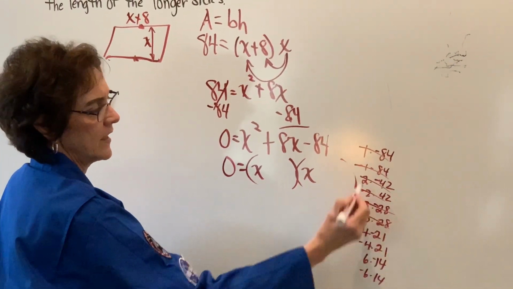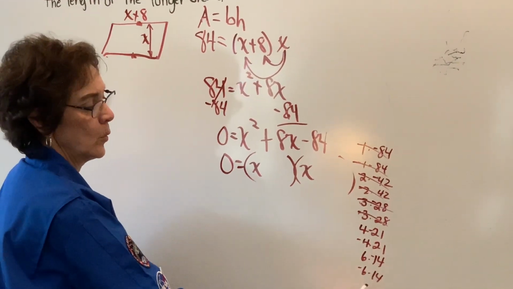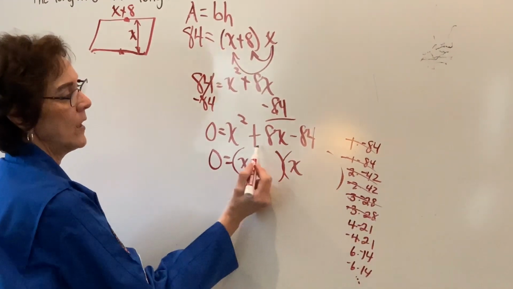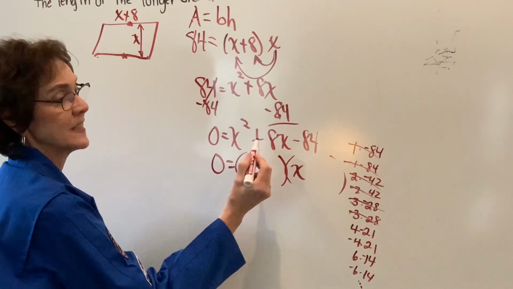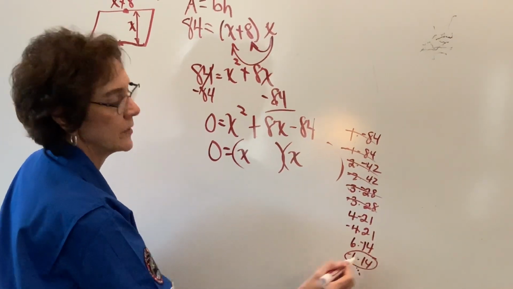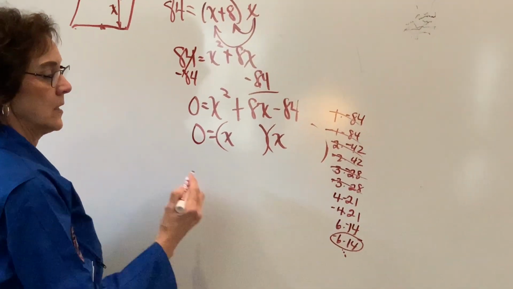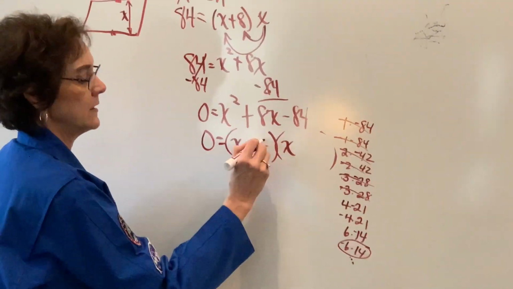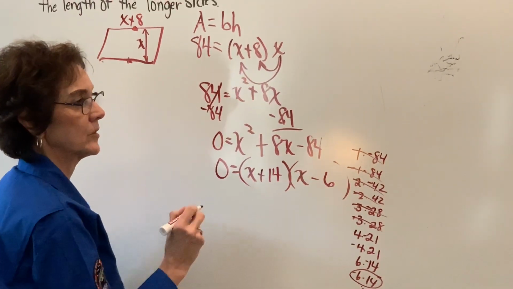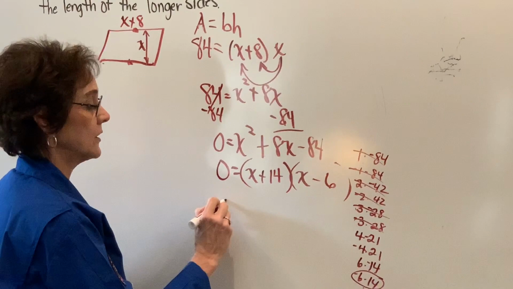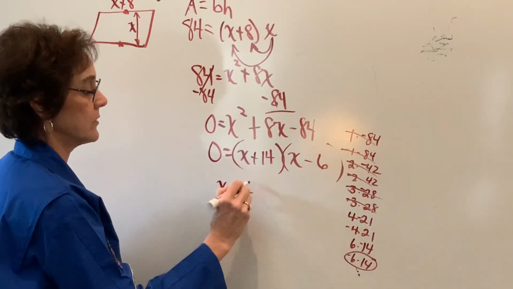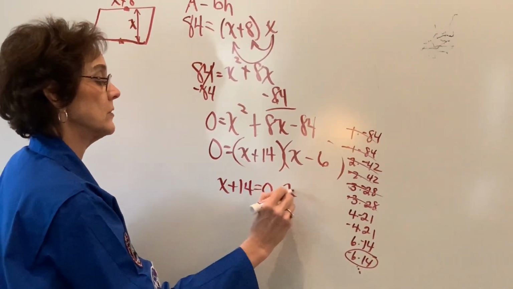That'd be 25. One's positive, one's negative. We're looking down here. Now we want the inners to be positive 8x. So therefore, we're going to need to use that last one. So that would be plus 14 minus 6. All right, so what you're going to do is you're going to set each of these equal to 0. That's how you solve your equations.